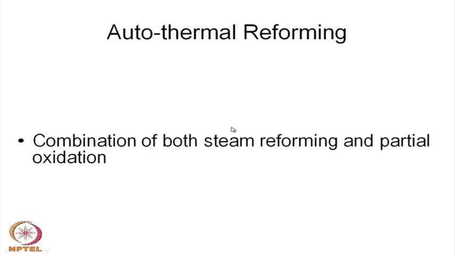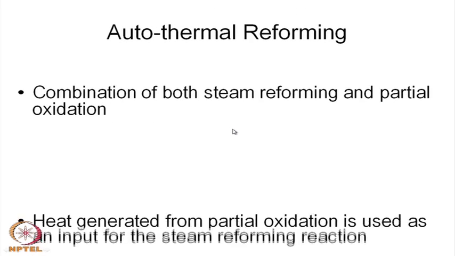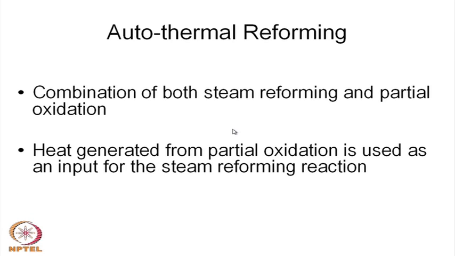Autothermal reforming is basically a combination of both steam reforming and partial oxidation, which have just been discussed. One is exothermic and the other is endothermic, so you partially generate heat, and that heat can be utilized for the reforming reaction.